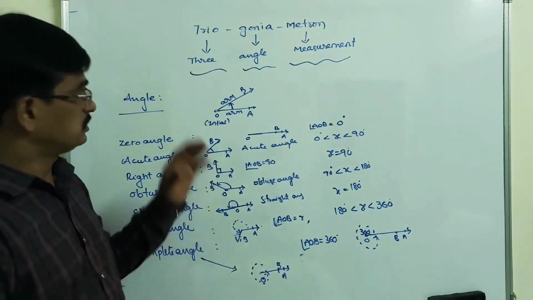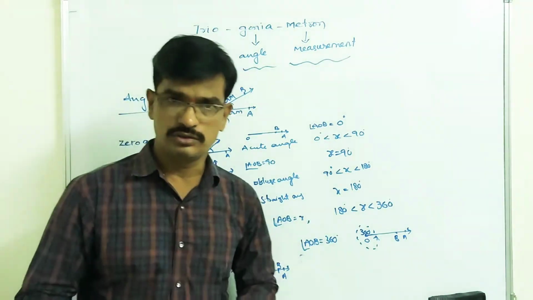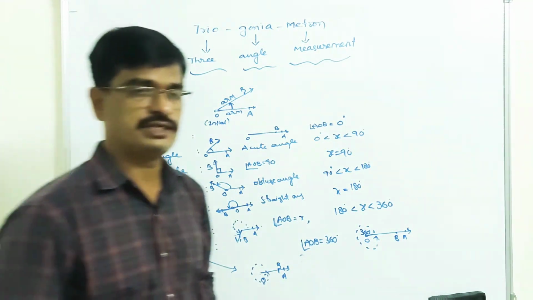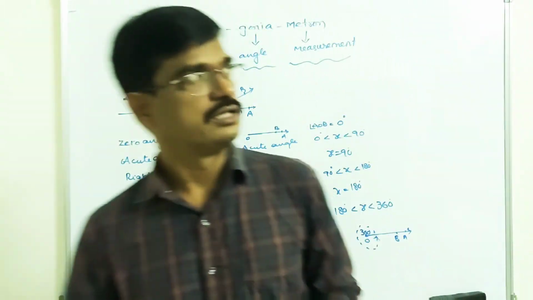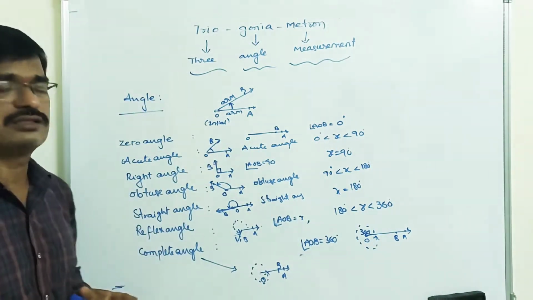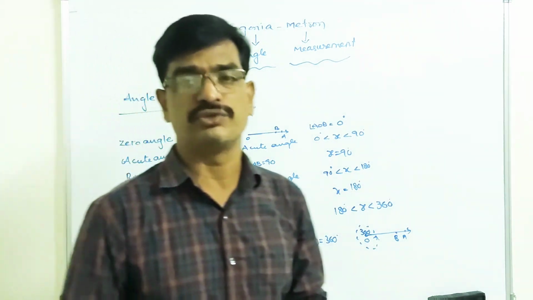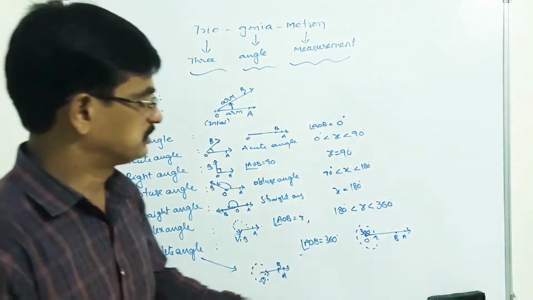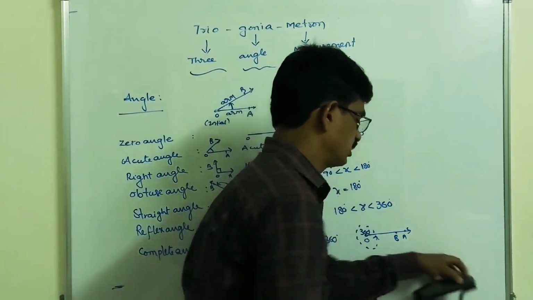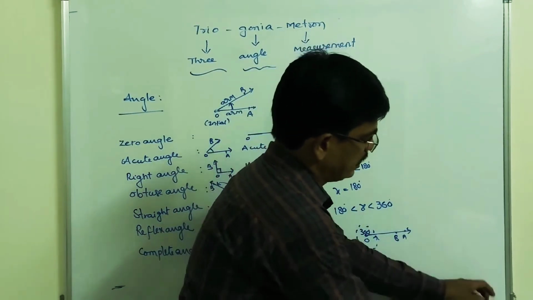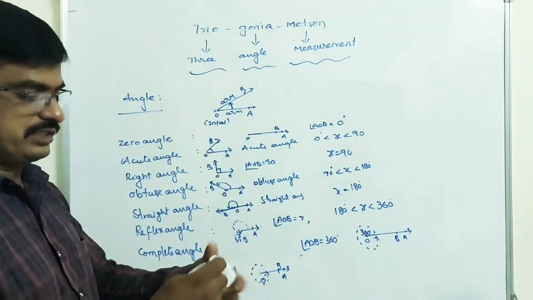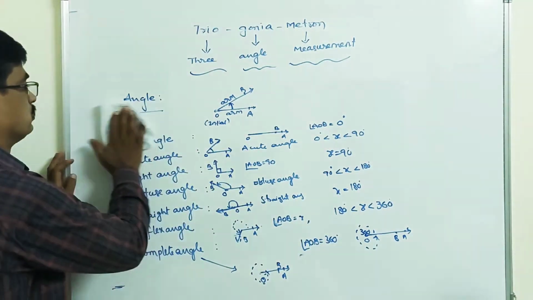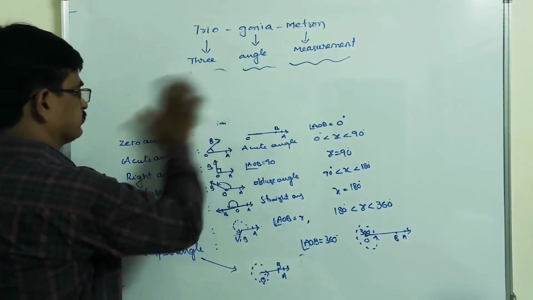This trigonometry is most useful in engineering, navigation and astronomy. In trigonometry there are mainly 6 ratios: sine, cosine, tangent, cotangent, cosecant, secant.